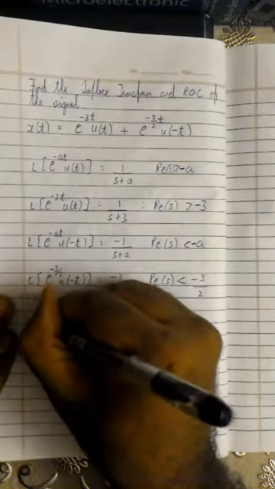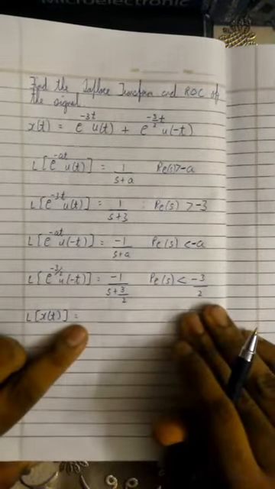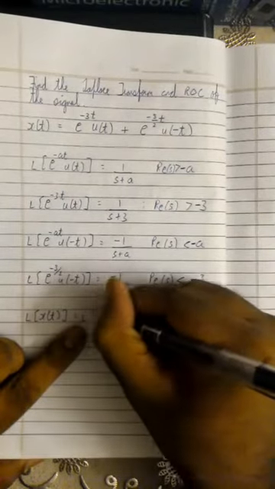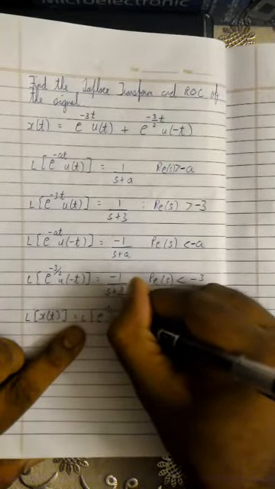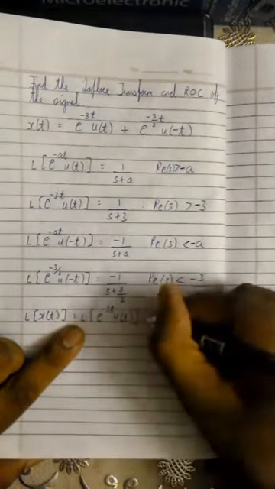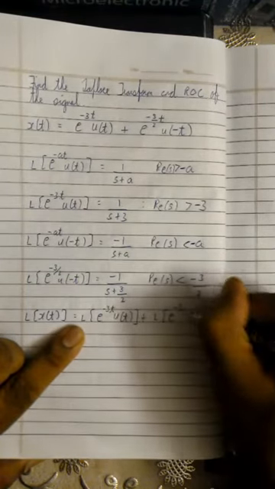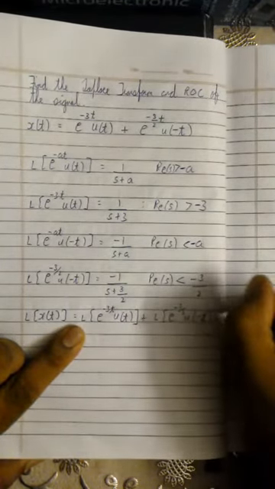So the Laplace transform of x of t is nothing but the Laplace transform of e raised to minus 3t u of t plus the Laplace transform of e raised to minus 3 by 2 t u of minus t.